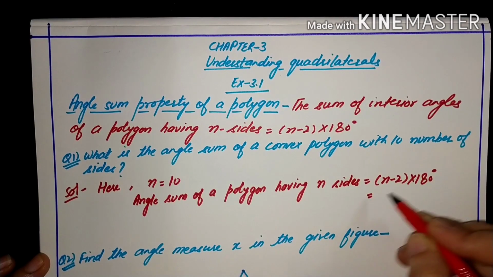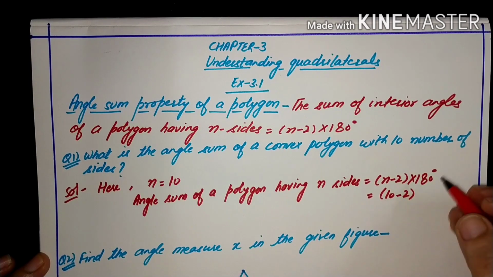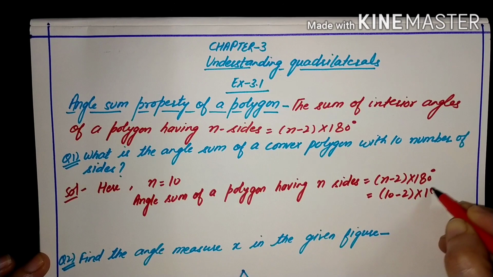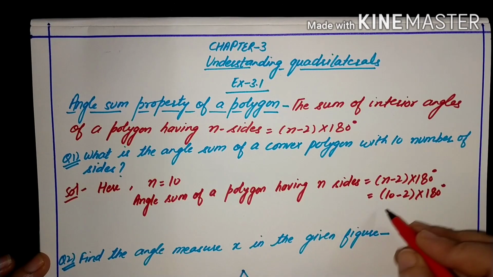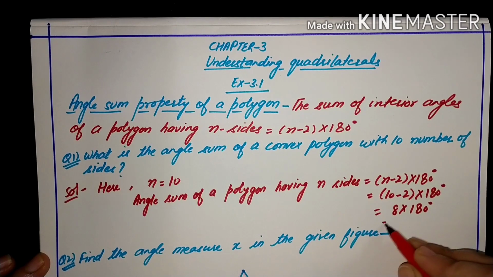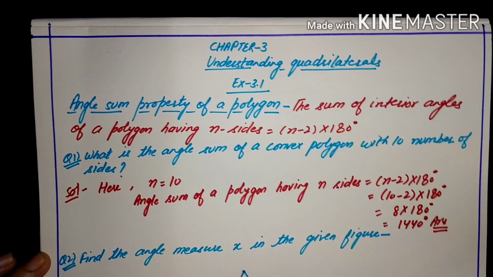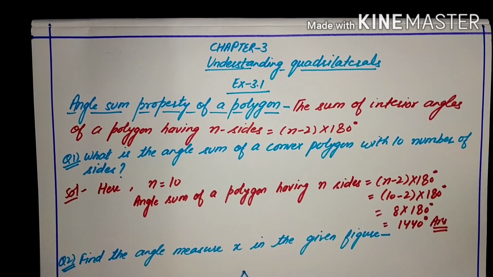So put the value of n here, that is 10. 10 minus 2 into 180 degrees, that is 8 into 180 degrees, 1440 degrees. So this is our answer of the first question.